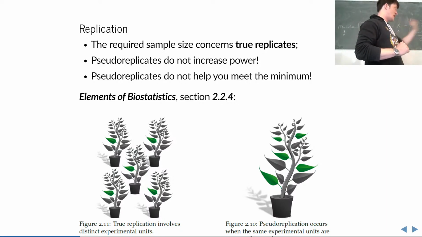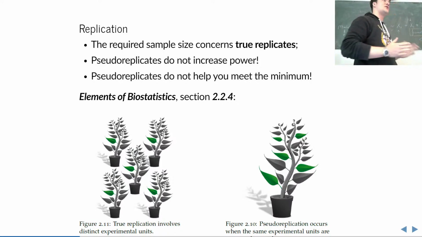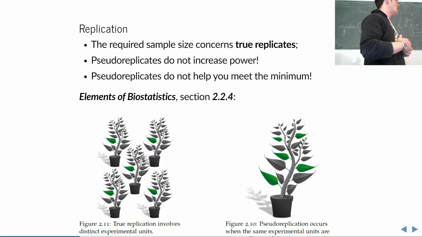Sampling from 5 different plants is not the same as sampling 5 leaves from one plant. If I measure 10 individuals and I measure them twice, or 10 times, or 100 times, doesn't matter. I still have 10 individuals in my study. So that is very important. Determine what constitutes an experimental unit in your study, and then make sure there are enough of those.